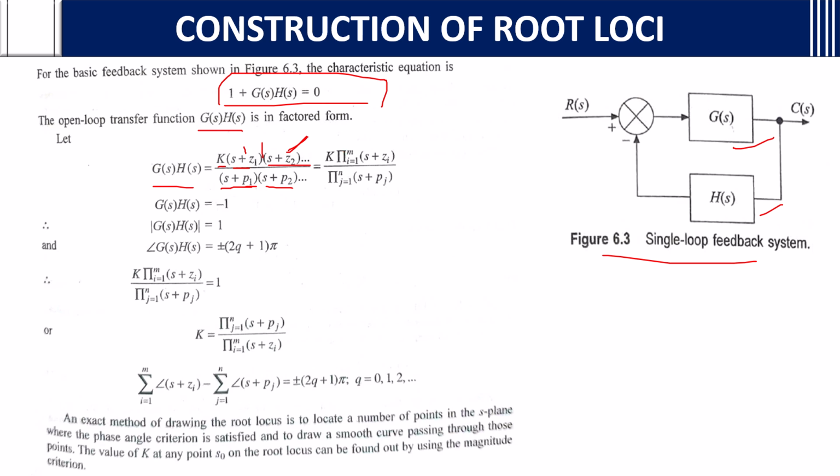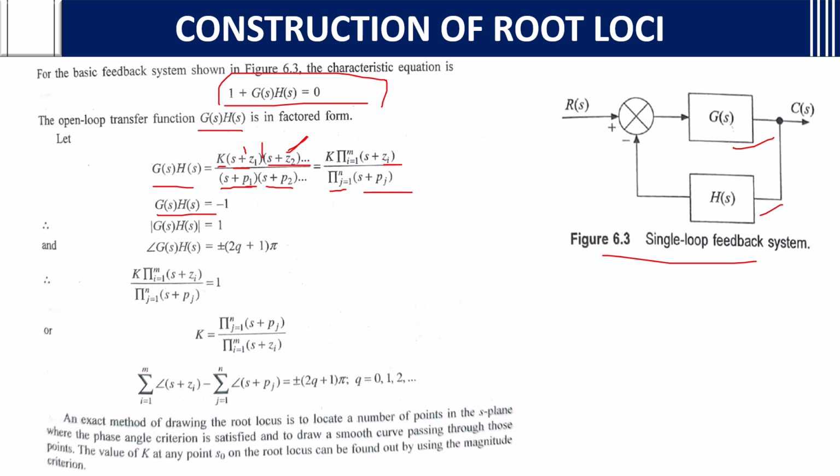That is, the product for i equals 1 to m of (s plus zi), with z1, z2, z3, and the product for j equals 1 to n of (s plus pj), with j being 1, 2, 3, and so on. And G(s)H(s) equals minus 1 according to Evans.